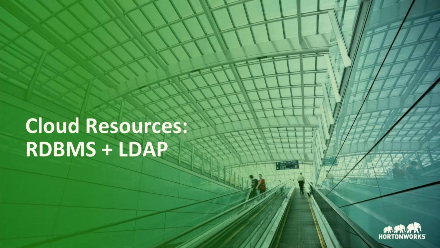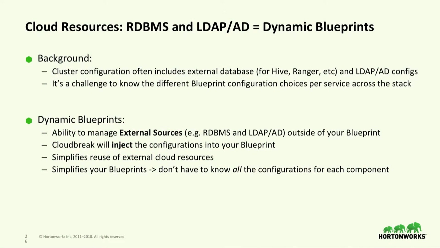So how do we support these scenarios? All of these configuration parameters used to be in the blueprint. So those had to be set inside the blueprint, which was a pain point, because if you had the chance to connect to an LDAP, it can be up to, I don't know, 10 or 12 configuration parameters on each cluster launch.